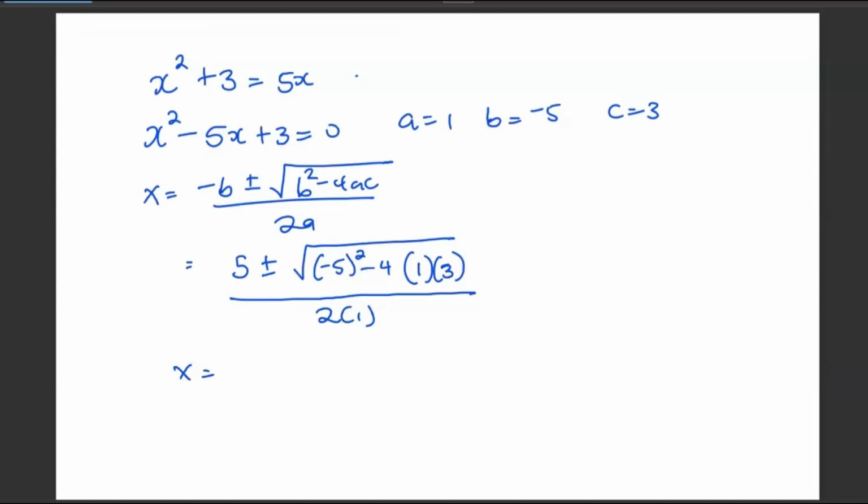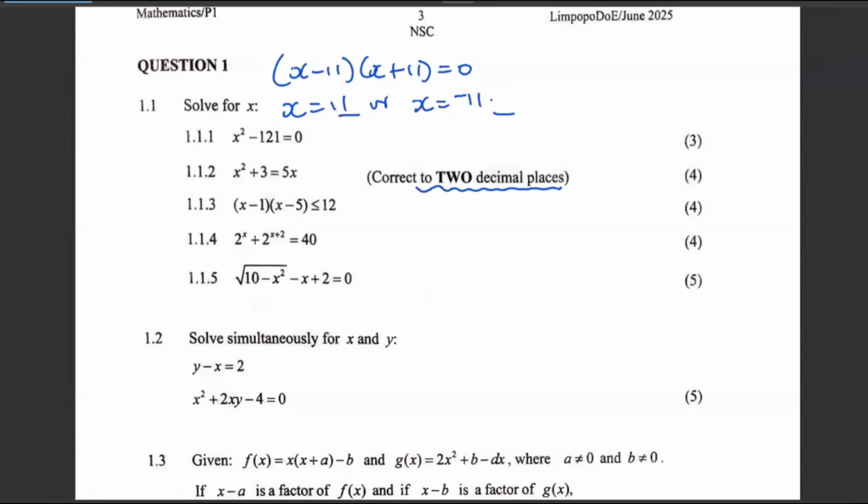I'm getting 0.69, that will be 0.70 because of the 697, so 0.70. And then the other x is 4.30. So that is what I'm getting for 1.1.2.